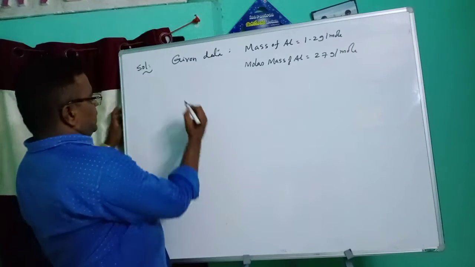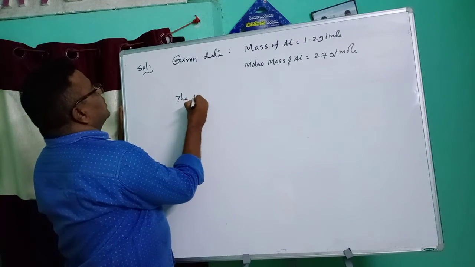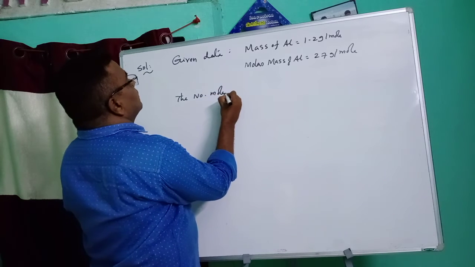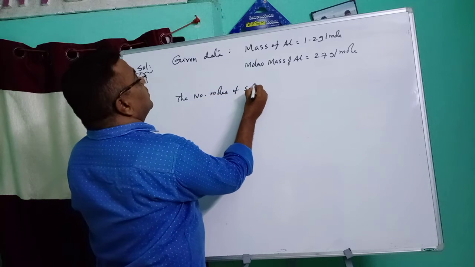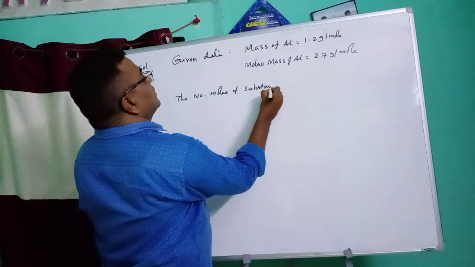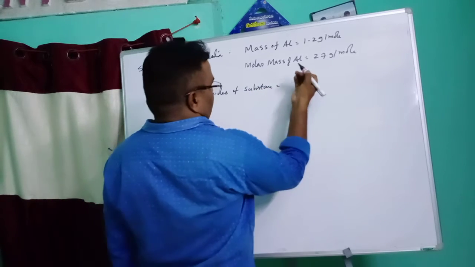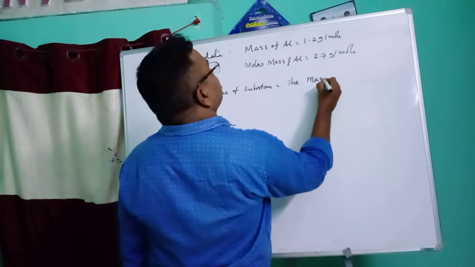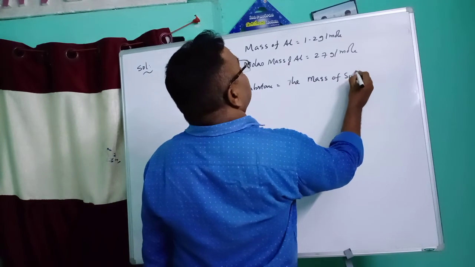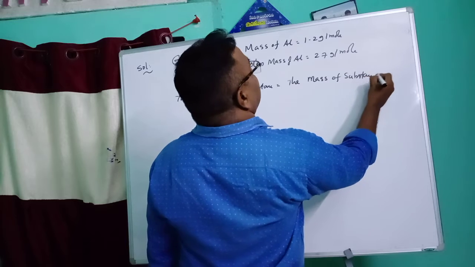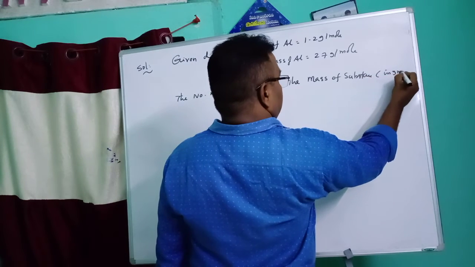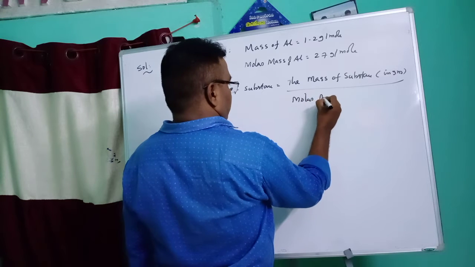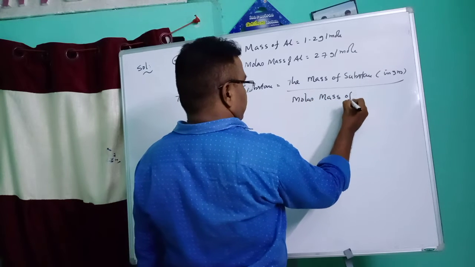But we know that the number of moles of a substance is equal to the mass of the substance in grams by the molar mass of the substance.